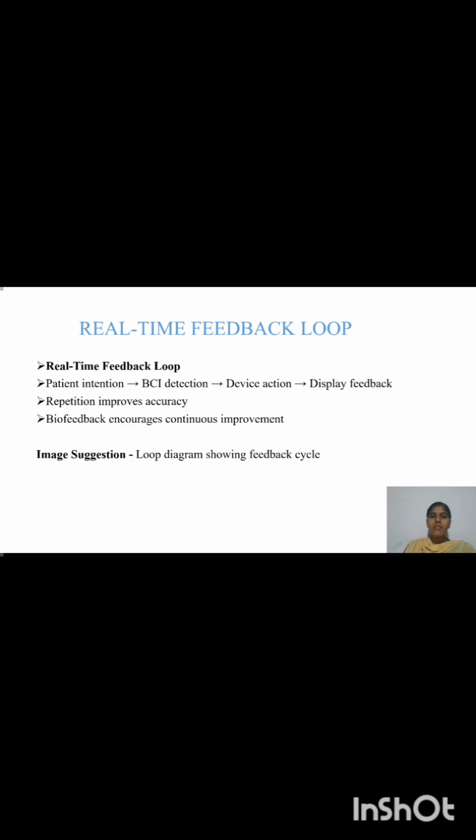Then the real-time feedback loop. We previously looked at the block diagram, the human, devices, then machine learning and deep learning, and some control devices. So this real-time feedback includes patient intention, BCI detection, device action, and display feedback. Repetition improves accuracy. Image suggestion: loop diagram showing the feedback cycle.